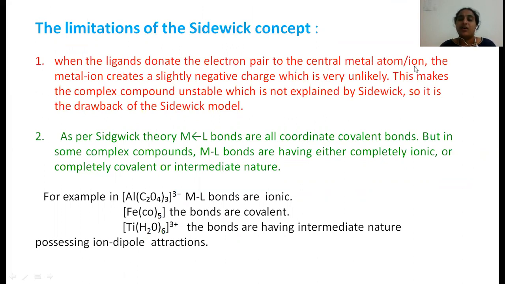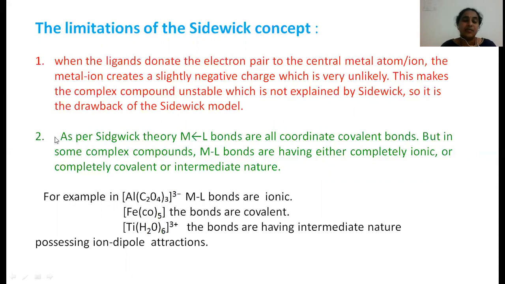Whenever all the ligands donate electron pairs to the central metal atom, it may be possible to create a negative charge on the metal, which leads to instability of the complex. This drawback, the complex instability, is not explained by Sidgwick, which is one of the drawbacks of the Sidgwick theory.